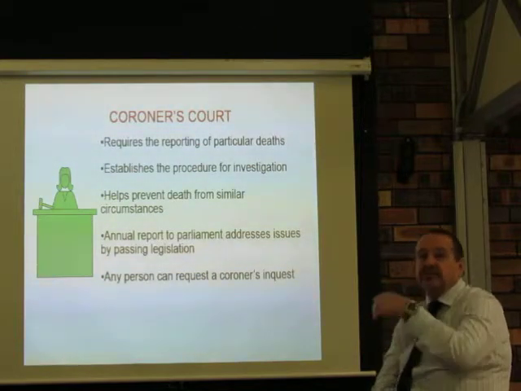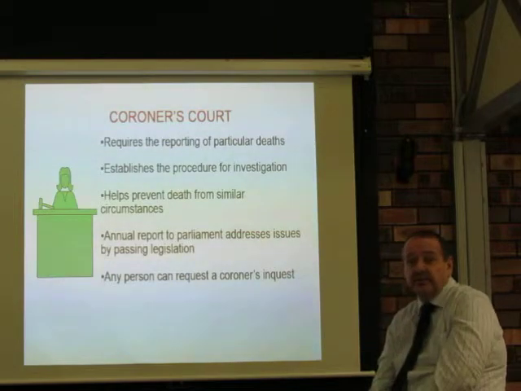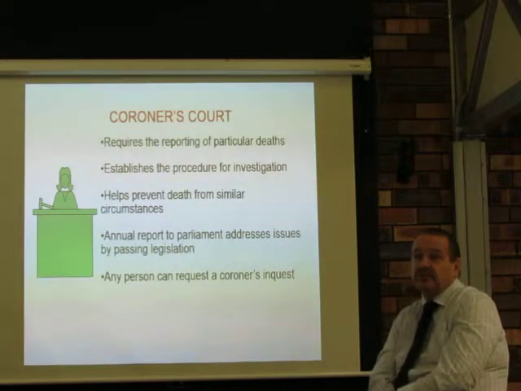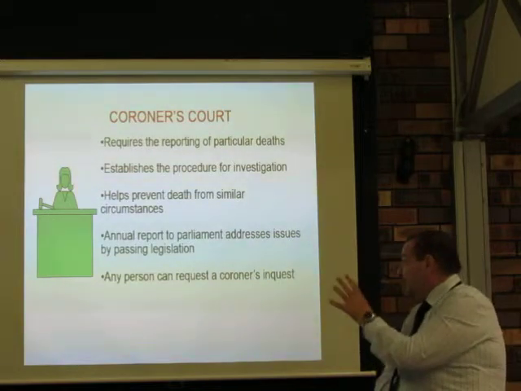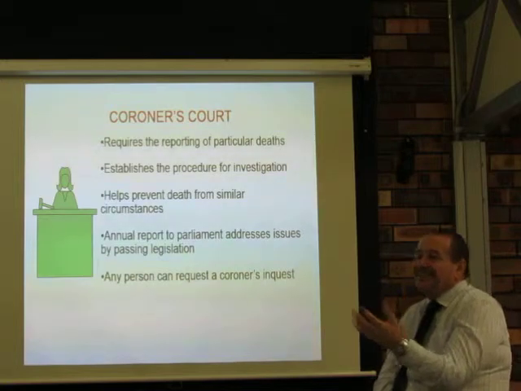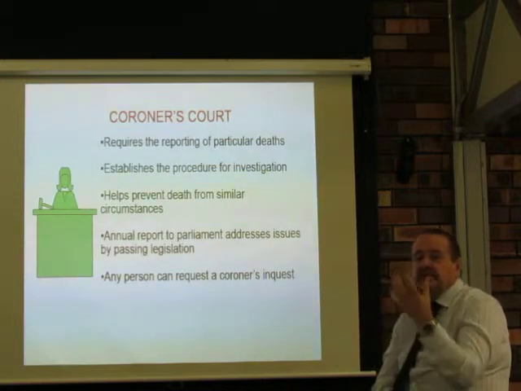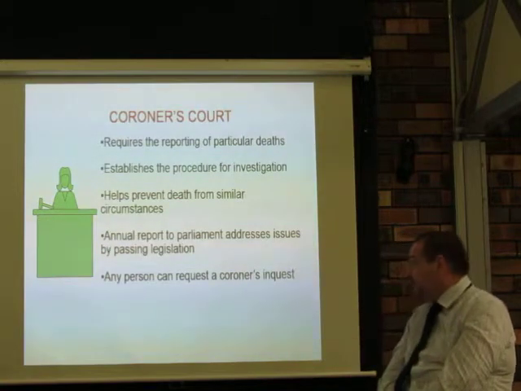If it's neglect, or someone that didn't do something, they did an act or omission that contributed to someone's death. And they report to Parliament that addresses the need for legislation to improve the service, prevent these things happening.